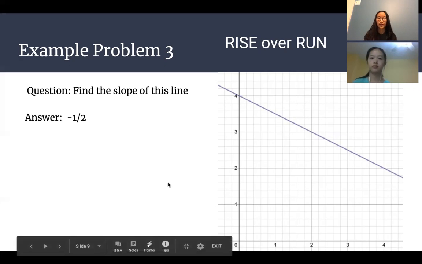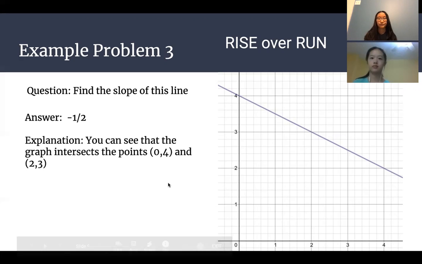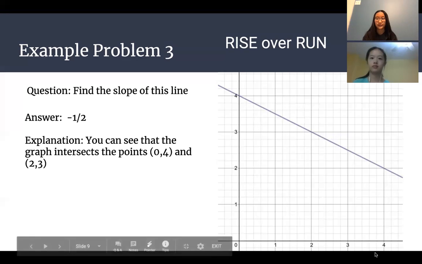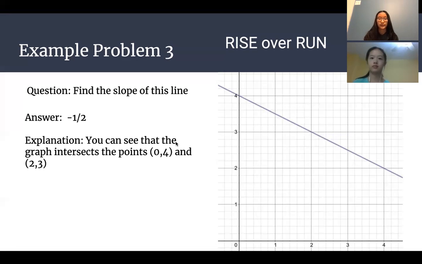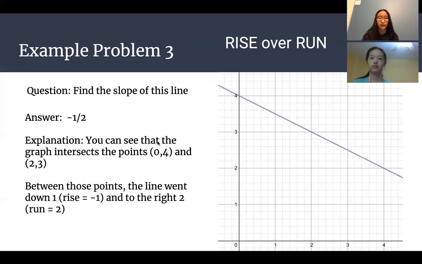So the slope of this line is -1/2. And so what you should do, first you should pick 2 points. They can be any 2 points, but here we're going to pick 0, 4, and we are going to pick 2, 3. And so first we take the y-coordinates, which would be 4 and 3.